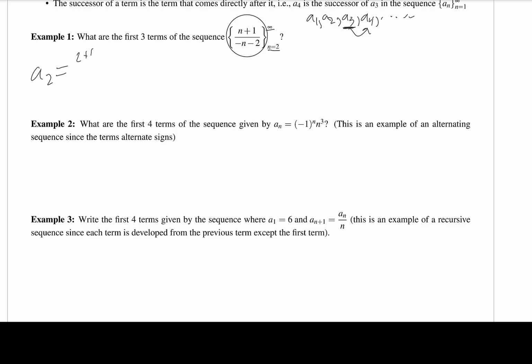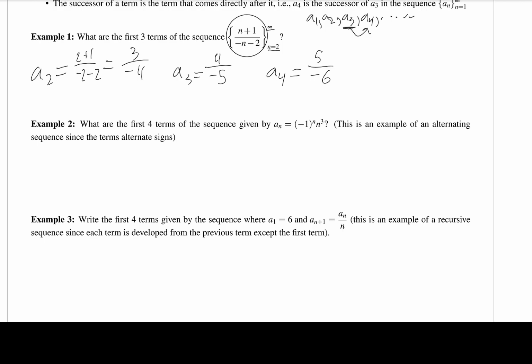So we'll get 2 plus 1 over negative 2 minus 2, and that'll give us 3 over negative 4. A3 would give us 3 plus 1, which is 4, over negative 3 minus 2, which is negative 5. And then A4 would be the third term of our sequence. It's going to be 4 plus 1, which is 5, over negative 4 minus 2, which is negative 6.